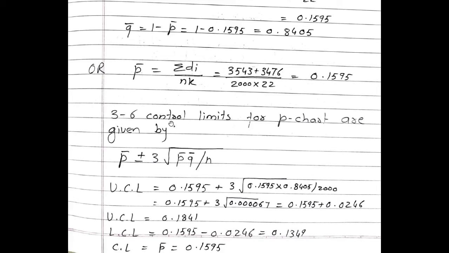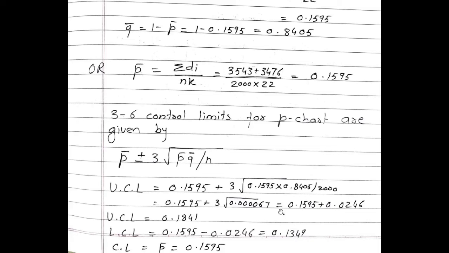So 3 sigma control limits for P chart are given by P bar plus minus 3 root p bar q bar upon n. So upper control limit is equal to 0.1595 plus 3 into square root of 0.1595 into 0.8405 divided by 2000.